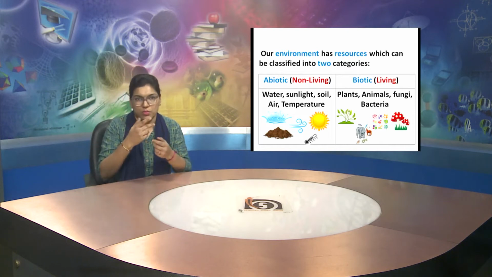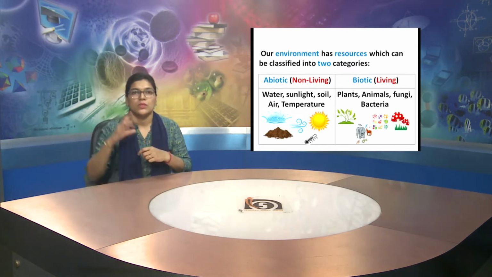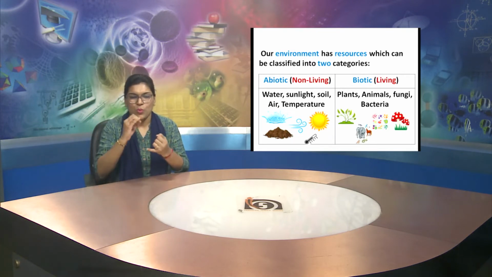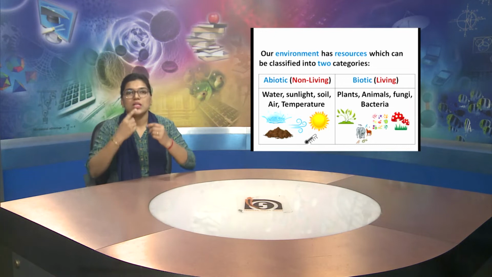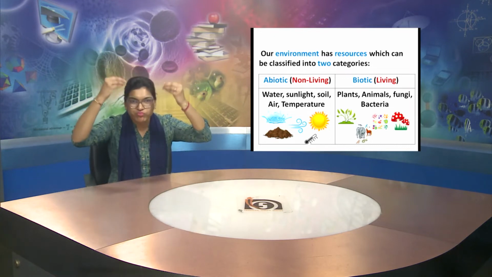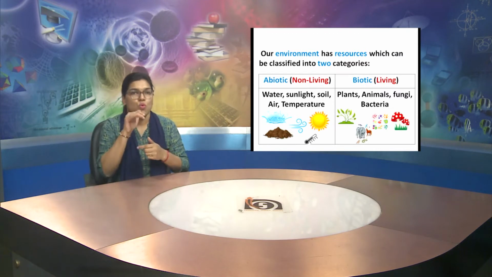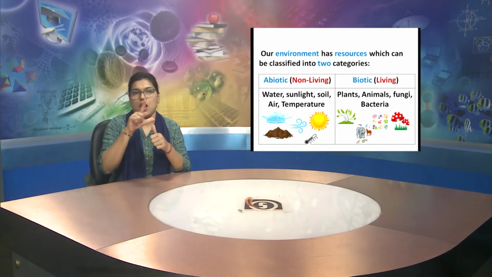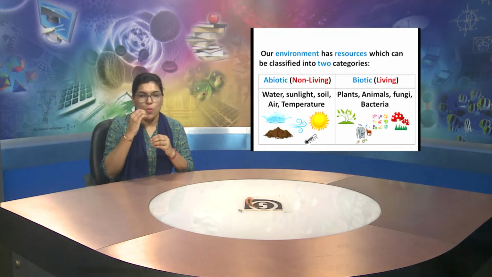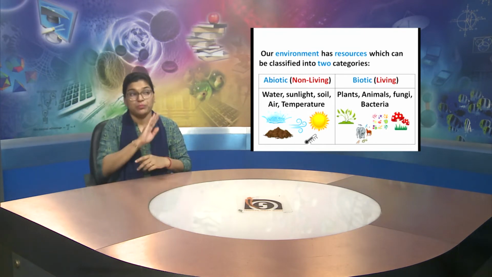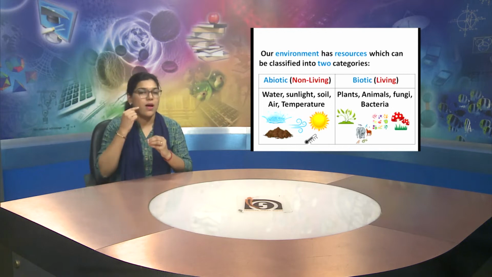Abiotic are those resources which are non-living. You can also see the image on the screen, like the soil, the water from the rain, and the temperature. All these resources are known as abiotic or non-living resources.